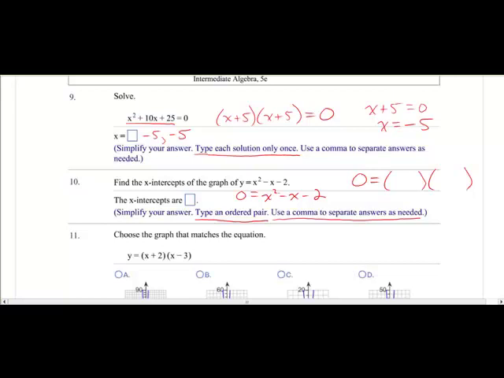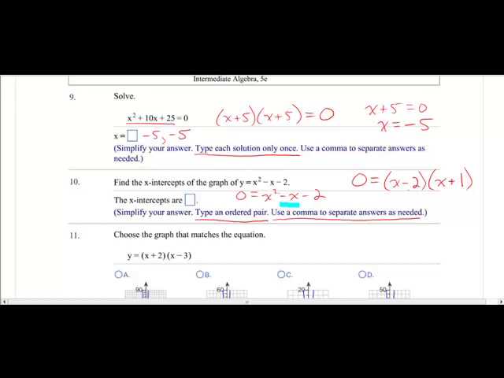But we have to figure out which one gets the plus and which one gets the minus, because when we add them, they need to be negative 1, because that middle term is minus 1x. So that means I should have x minus 2 and x plus 1, because negative 2 plus 1 is negative 1. If you switch those signs, then you get it wrong, because you're treating it like that's a plus x in the middle, and it's not.